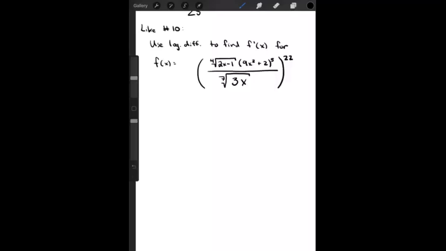The hint there is in the first word of the type of problem it is. The first thing you do with a logarithmic differentiation problem is you take the log of the function.